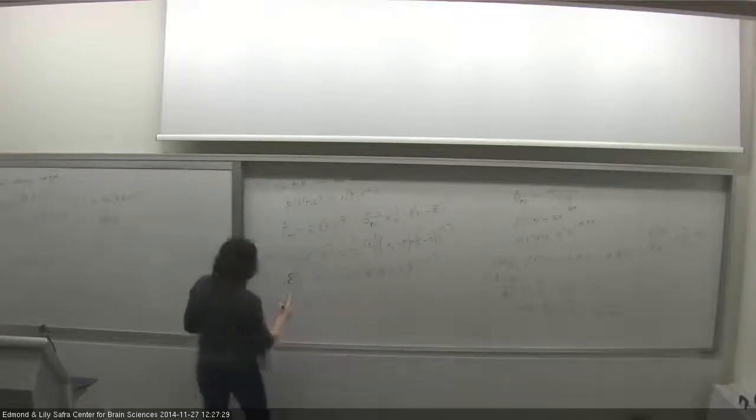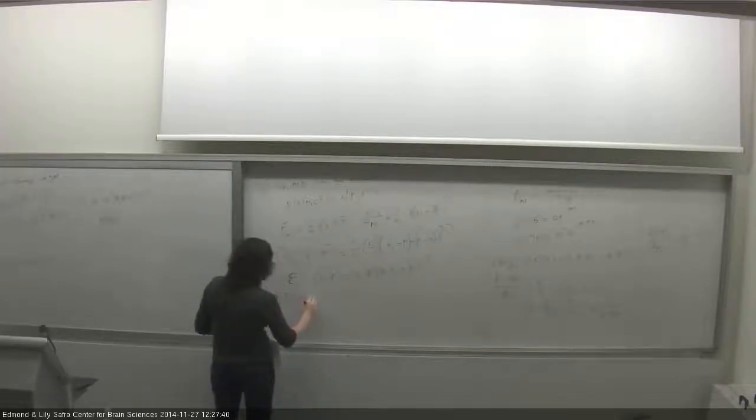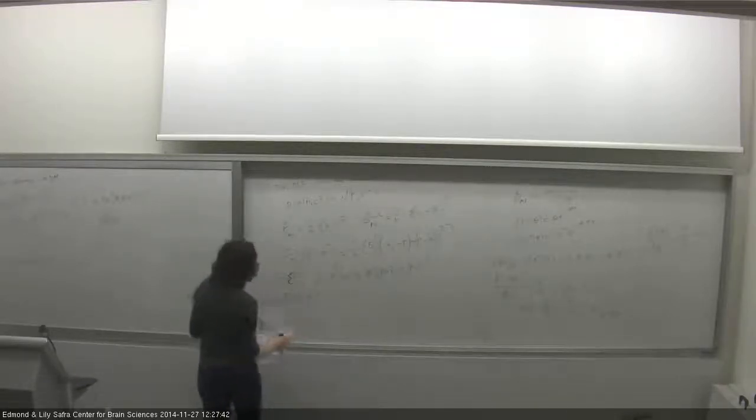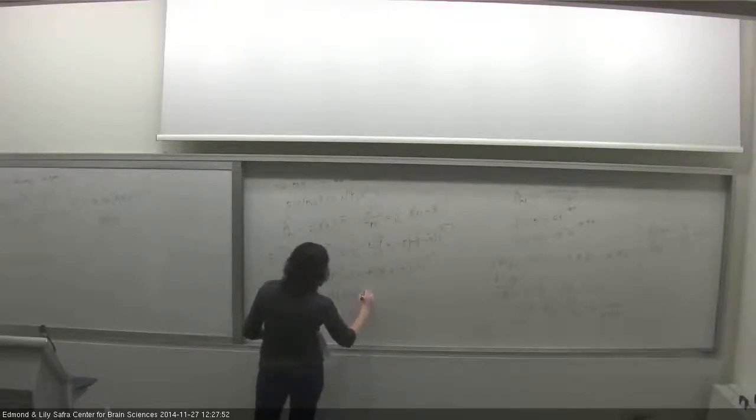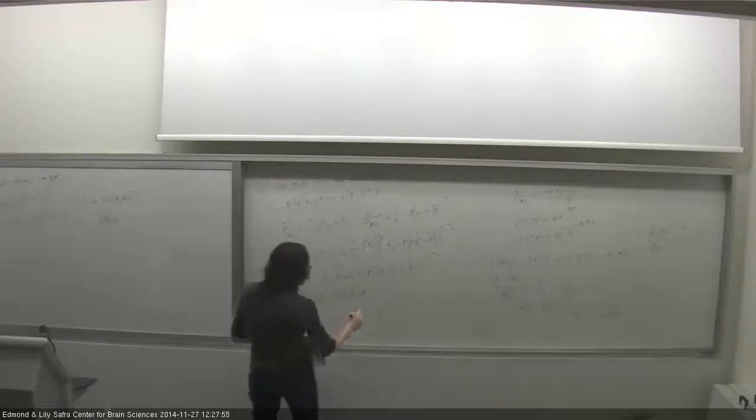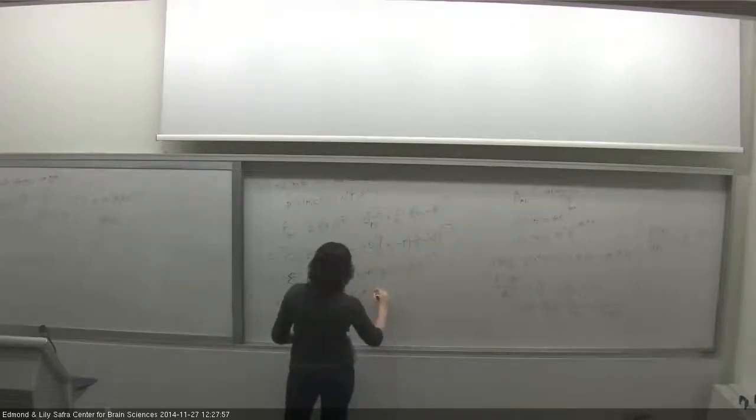So first of all, 1 over n times the expectation of the sum, plus 2 times the expectation of the sum over i of (x_i minus mu)(mu minus x bar).